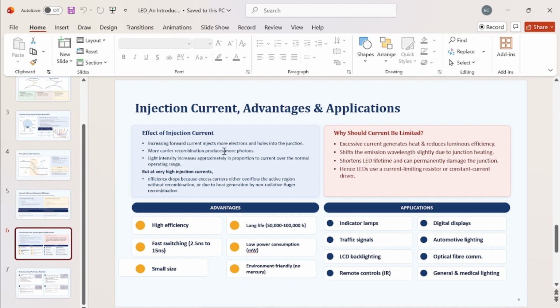So very high injection currents will not lead to an increase in the efficiency of the device, rather these will create a drop in the efficiency of the device.